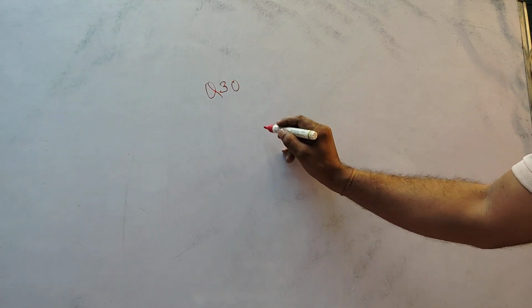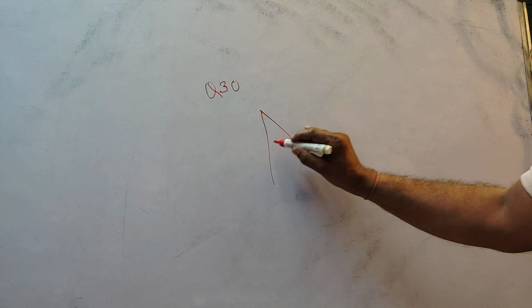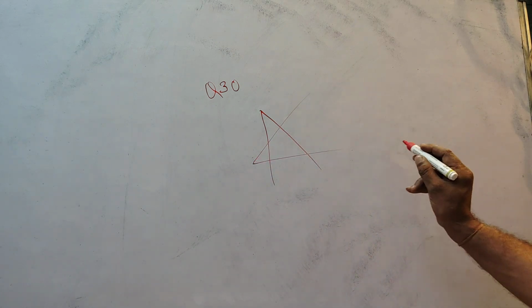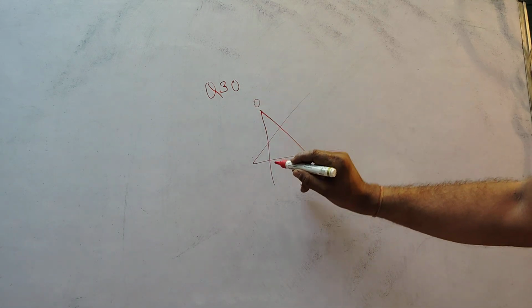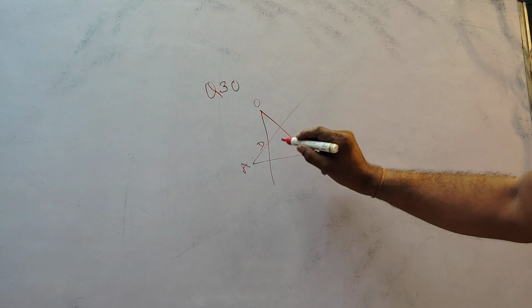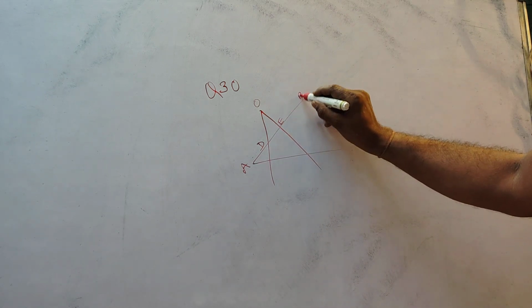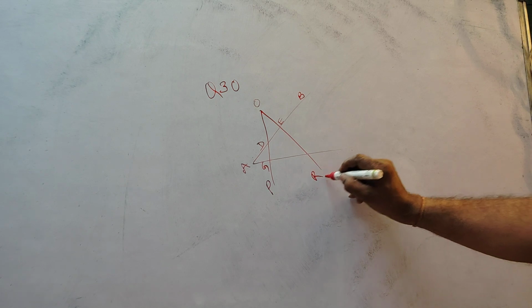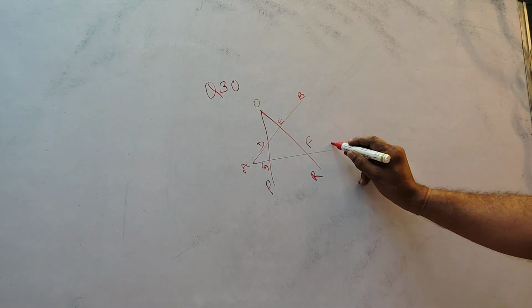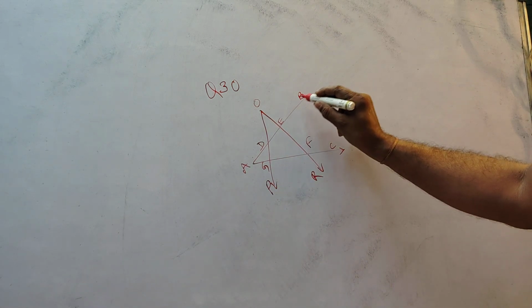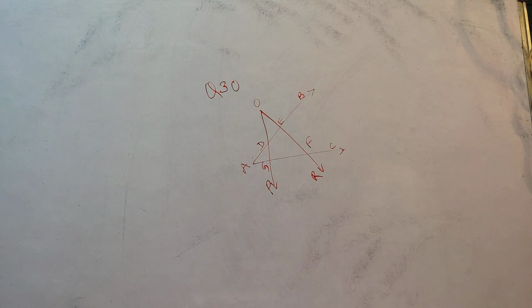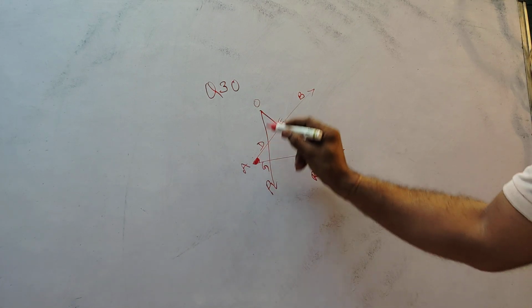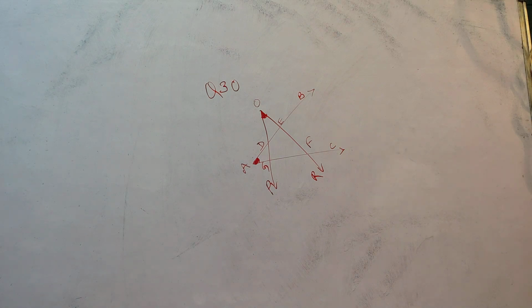Question 30. The diagram has many points: O, A, D, E, B, G, P, R, F and C. The question says the number of common points in the two angles marked in the figure.